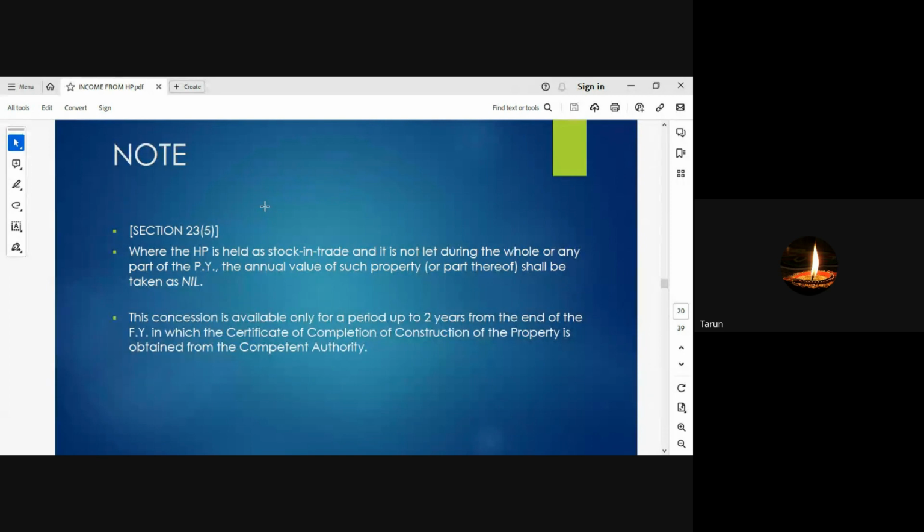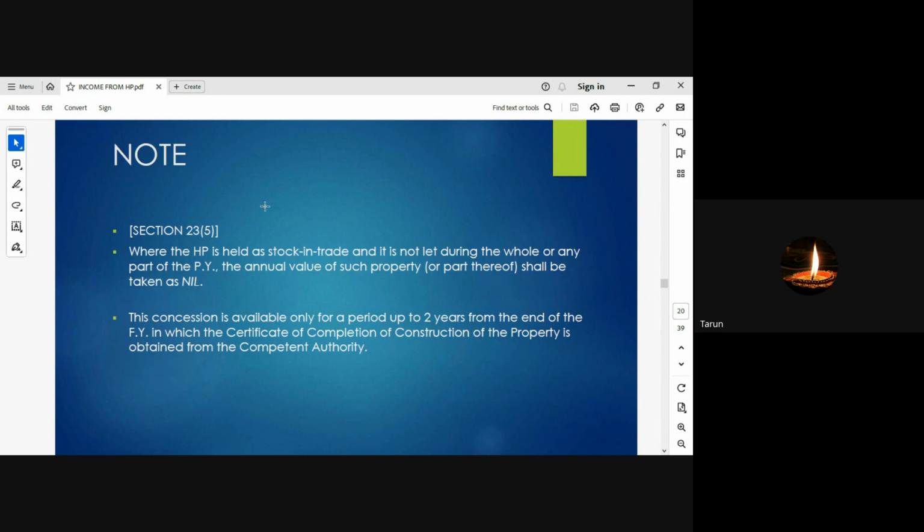Don't take any amount given in the question. Students get confused in these cases about whether the amount would be considered taxable or not. The answer is nil. No value would be considered as annual value if the house property is held as stock in trade.